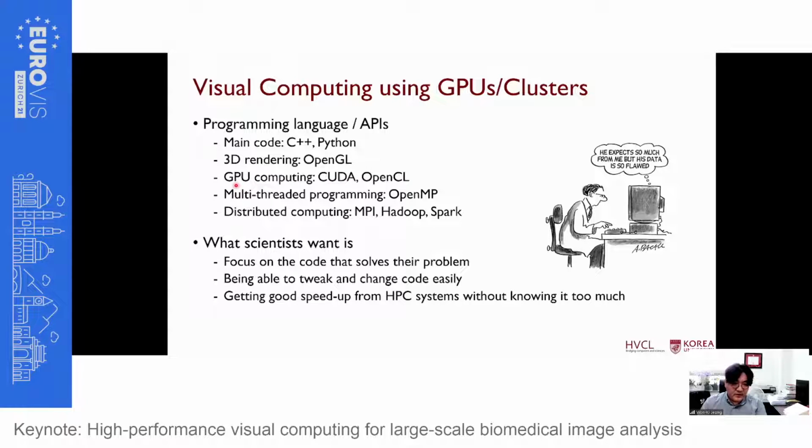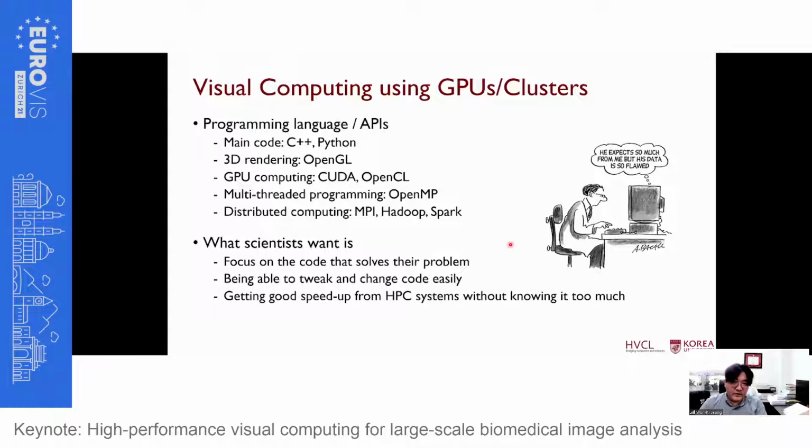GPU computing usually is done by CUDA or OpenCL, and multi-threaded programming has to be implemented using OpenMP, right? And distributed computing has to be implemented using MPI or Hadoop or Spark or something like this, which means if one is not a computer science expert, then it's very difficult to understand and use all of this, right?